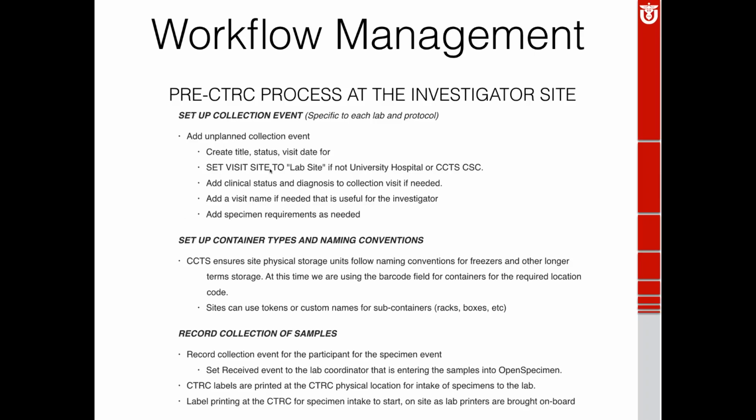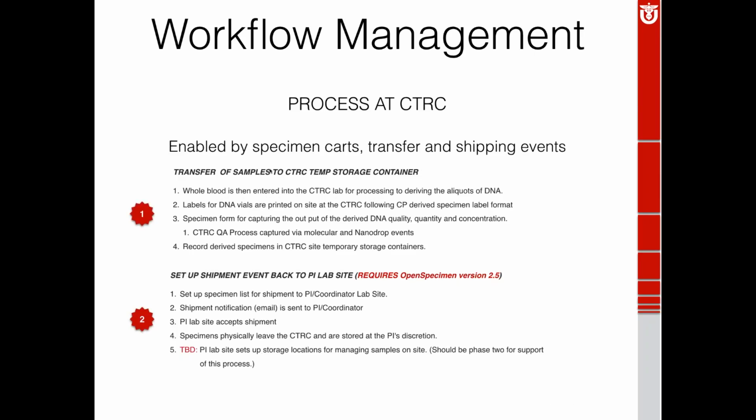Okay, from there, we have the second part of the workflow, which really breaks up into two parts, which is processing at the CTRC. So the samples are entered. These are the parent samples, so let's say they're whole blood. And those are set up into a cart. The PI will then transfer them, and that transfer event's recorded.